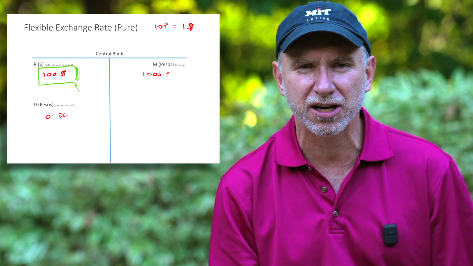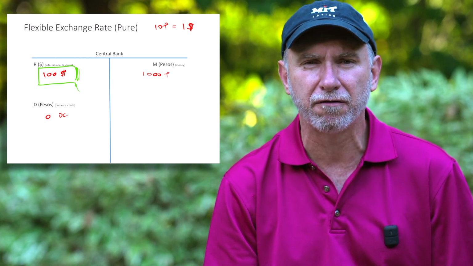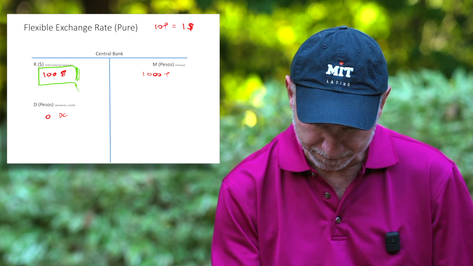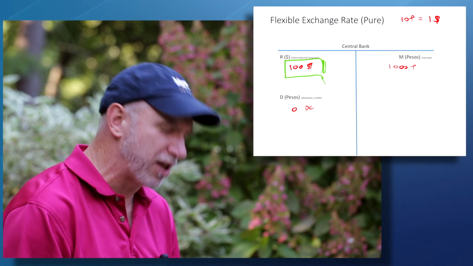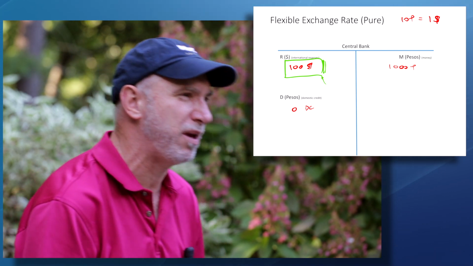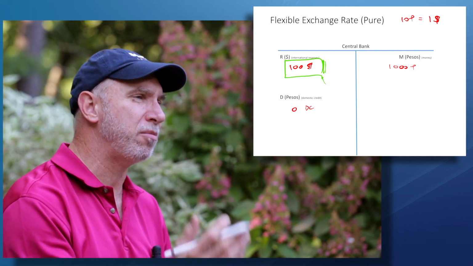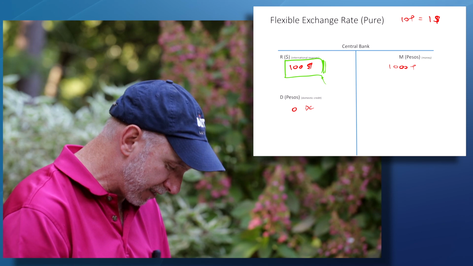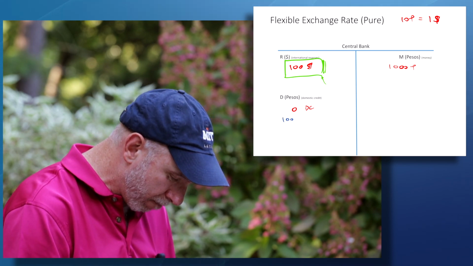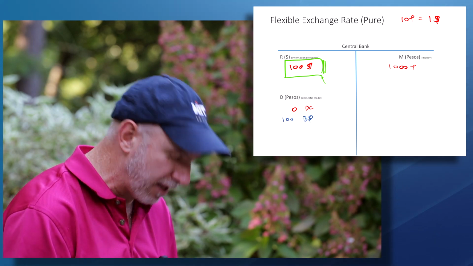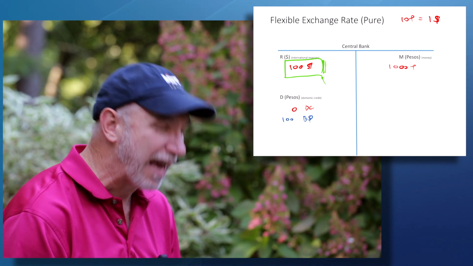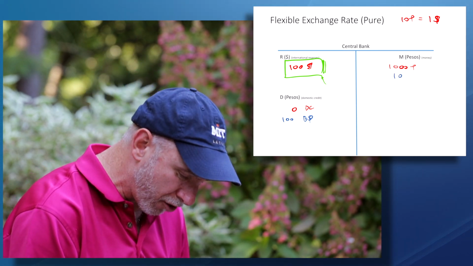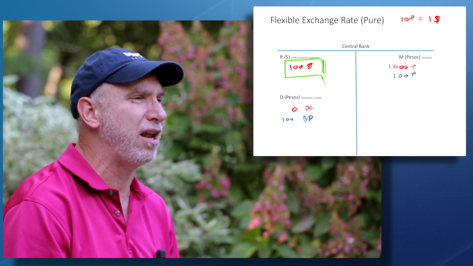Let me do a transaction just for the sake of an example. Right now, I have 10 pesos for $1, so the exchange rate makes sense to be 10 to 1. Now let's assume that the central bank purchases 100 billion pesos in treasury bonds, and in order to do that, they print 100 billion pesos.